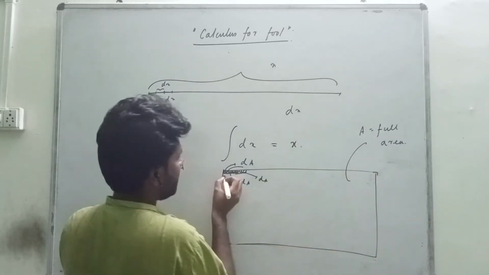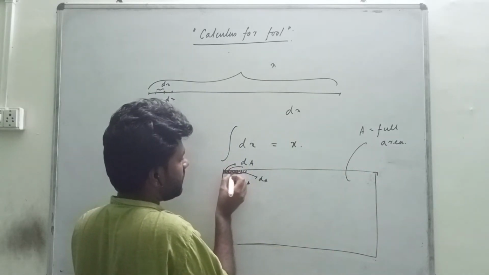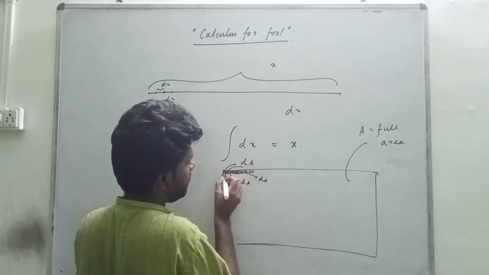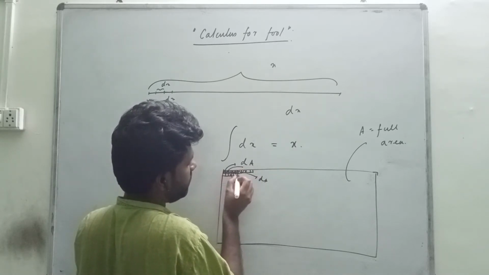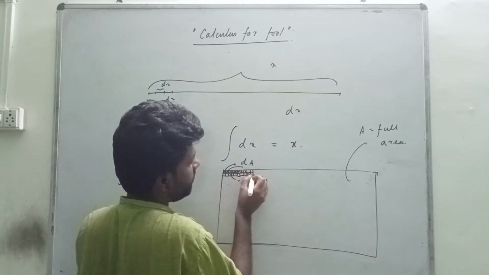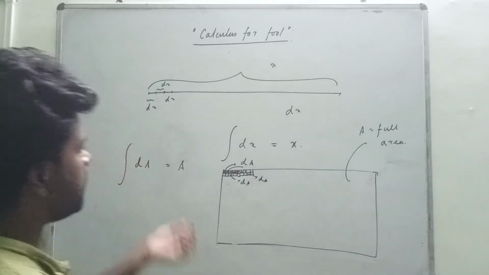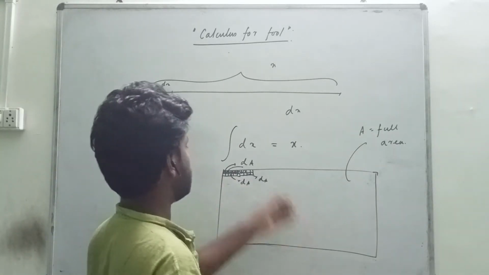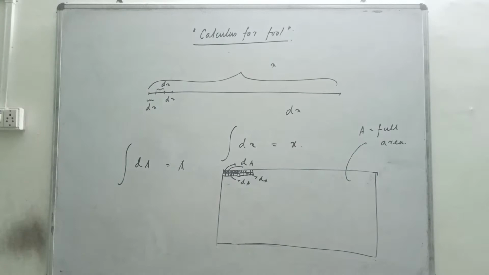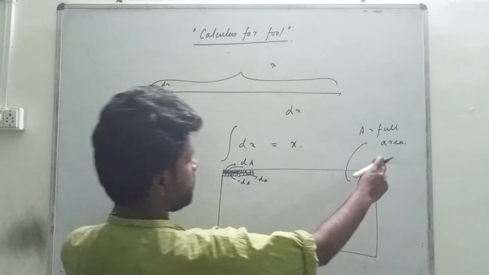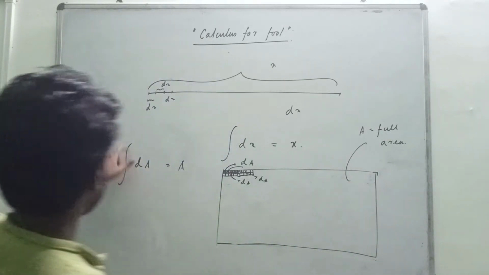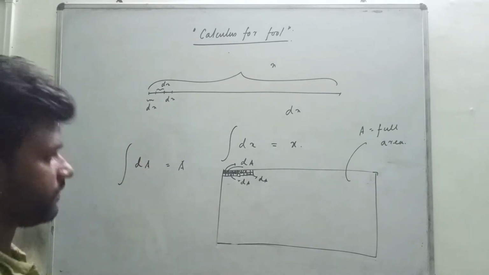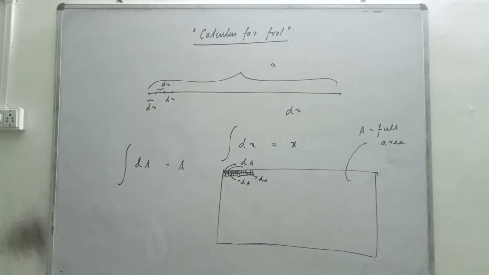Just add dA plus dA plus dA, and so on, infinitely many small pieces here. If you add these very small pieces, you will get the full area of this rectangle. The sum of little bits of area gives you the full area. Okay?